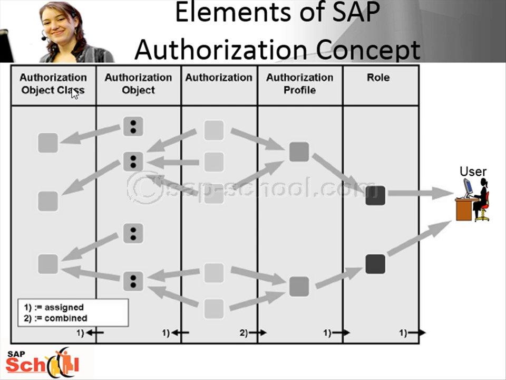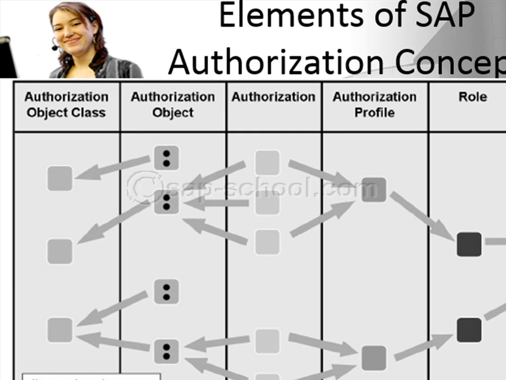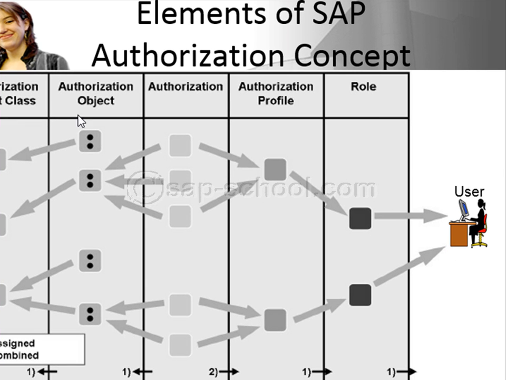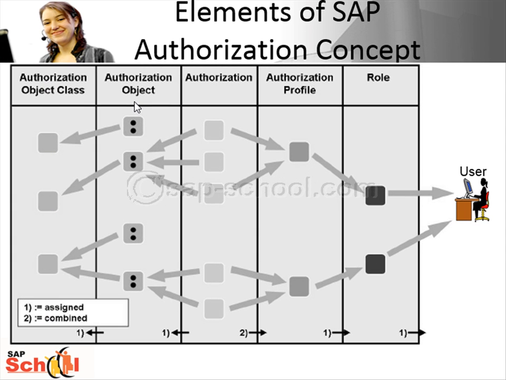The authorization object class helps in logical grouping of authorization objects. For example, all authorization objects for object class FI begin with an F underscore and group all the finance related objects. The authorization object in turn helps in grouping together 1 to 10 authorization fields.